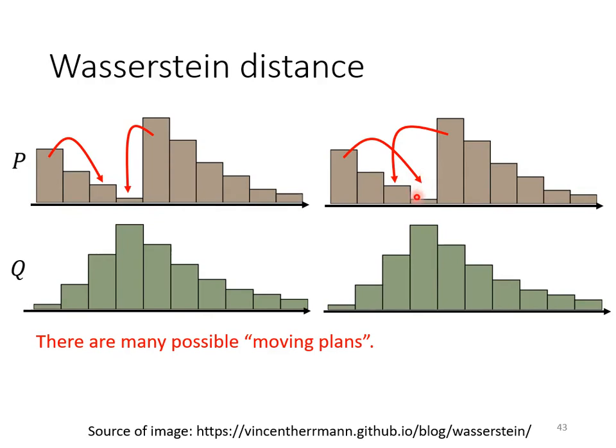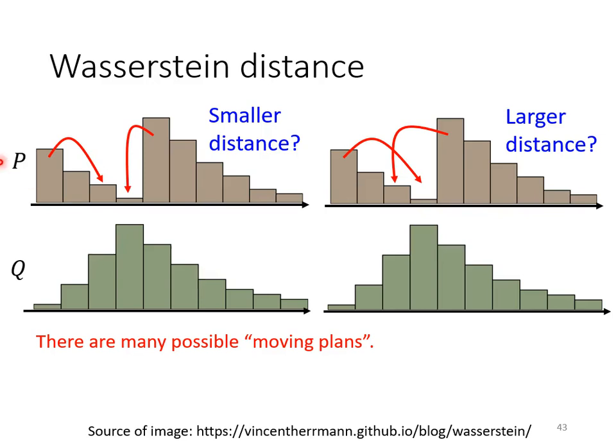So when we consider a more complicated distribution, there are so many different methods that can turn P into Q. You have a variety of moving plans. The distance you calculate, the average distance your bulldozer travels, is different. In the example on the left, the bulldozer travels less on average. In the example on the right, the bulldozer travels more on average.